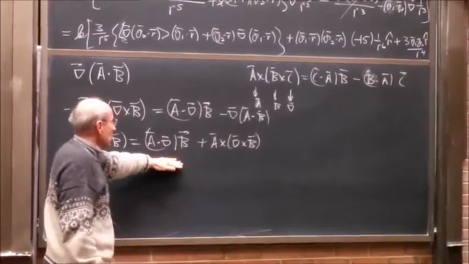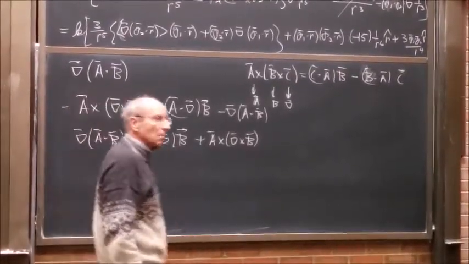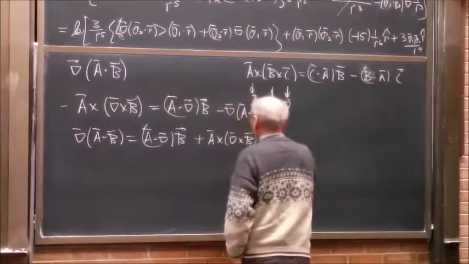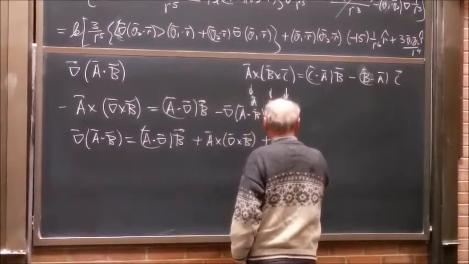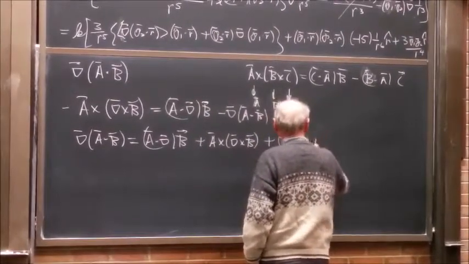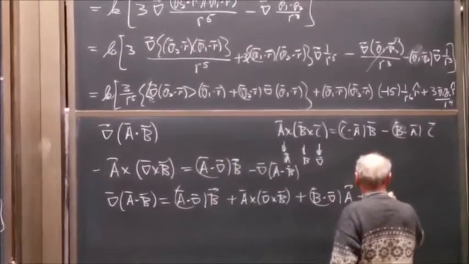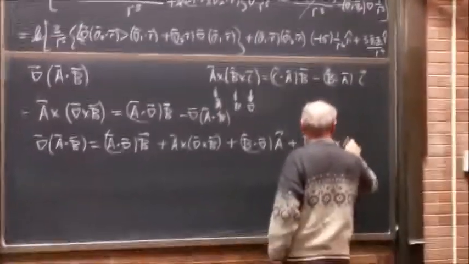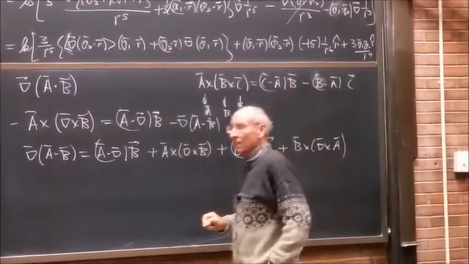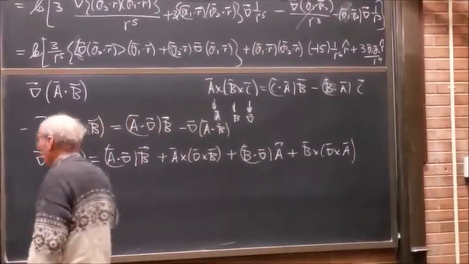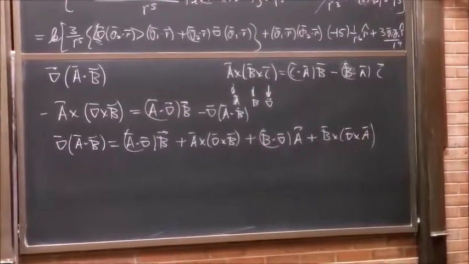So I'll get the same terms except interchanging A and B. So I'll get B dot del on A plus B cross the curl of A. So that is the gradient of the dot product of two vectors.